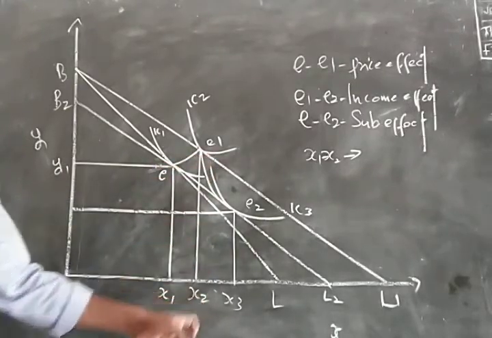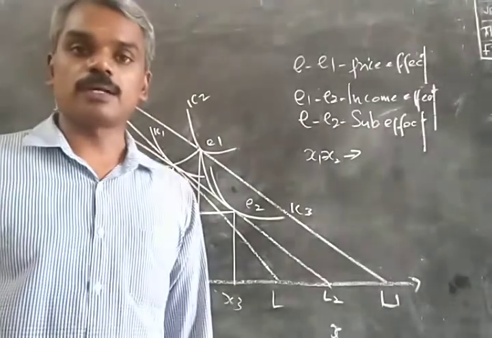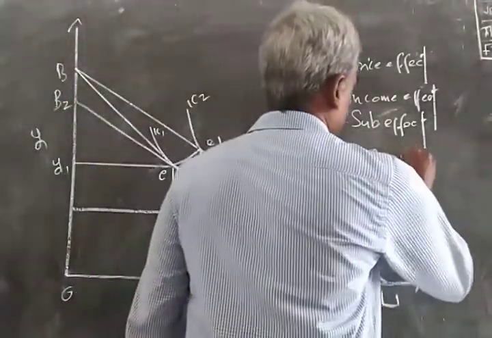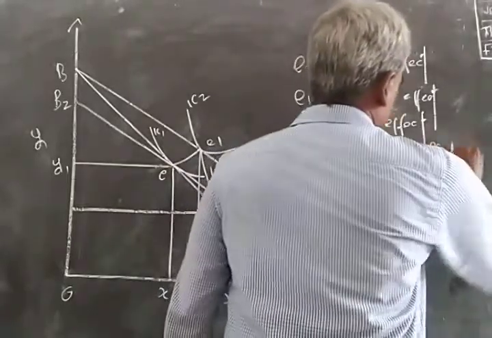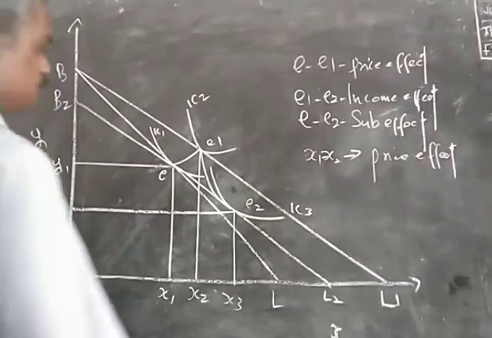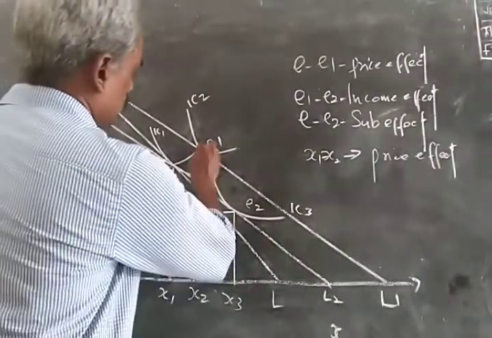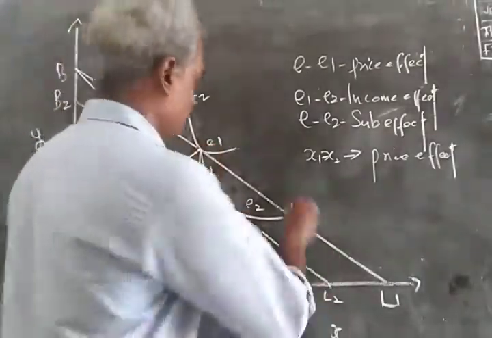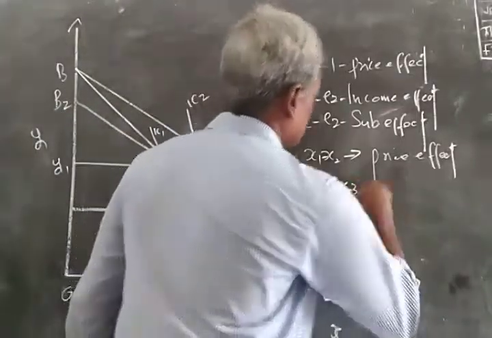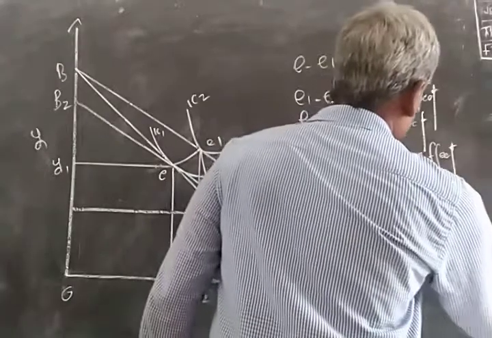This is the total effect of a fall in price, which we call the price effect. Then we reduce the real income, and the consumer moves from E1 to E2, or x2 to x3. This is the income effect.